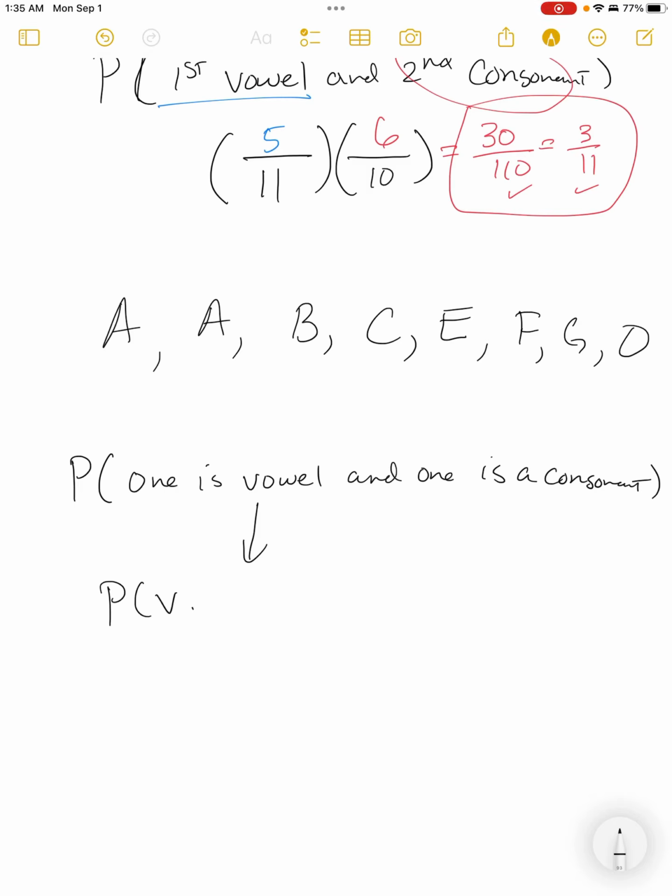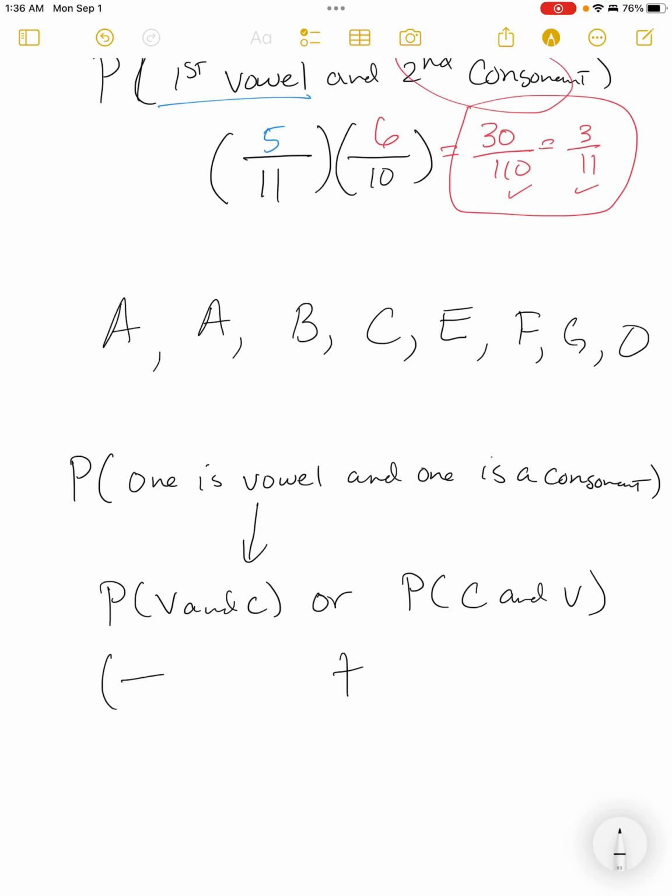You could get the vowel first and then the consonant, or you could get the consonant first and then the vowel. Order does not matter. Up here they told us we wanted the first one to be a vowel and the second one to be a consonant. So as we're looking at this guy, we can be in any order, and so we do them separately. And remember what OR implied. OR implied that we add them.